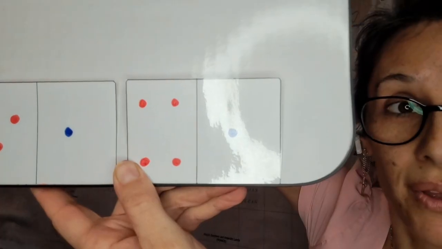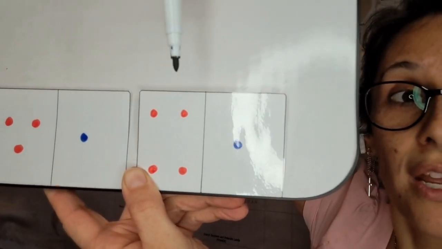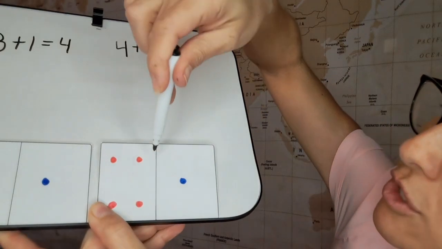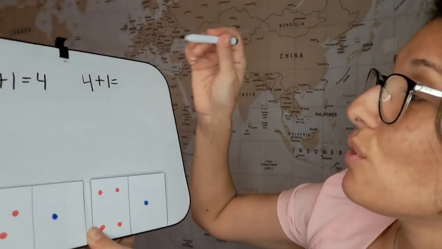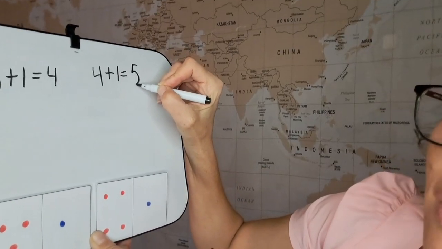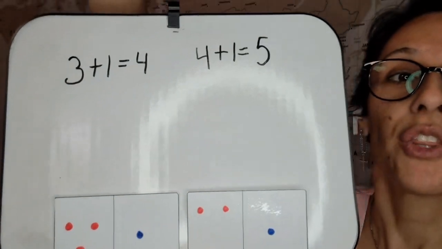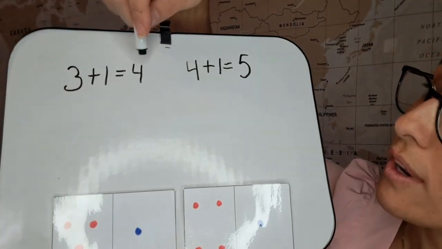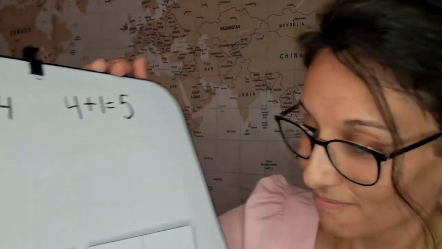Can you add them up? 1, 2, 3, 4, 5. So 4 plus 1 equals 5. There. 3 plus 1 equals 4, and 4 plus 1 equals 5. All right, nicely done.